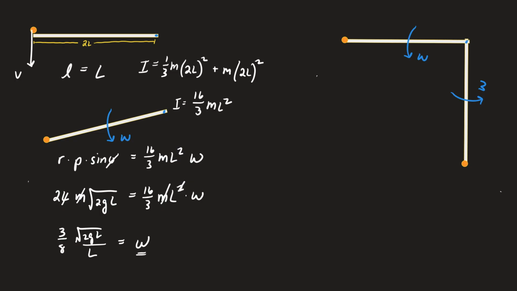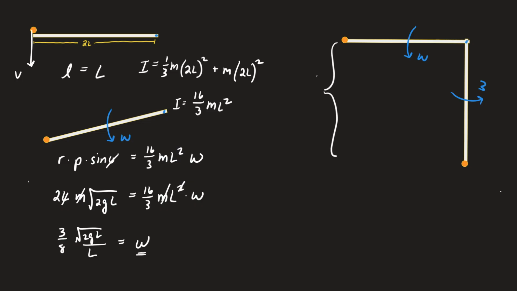I decided not to find the center of mass of the bar rod system and just treat the potential energy of the bar and rod separately. So the ball is going to descend a distance 2L.